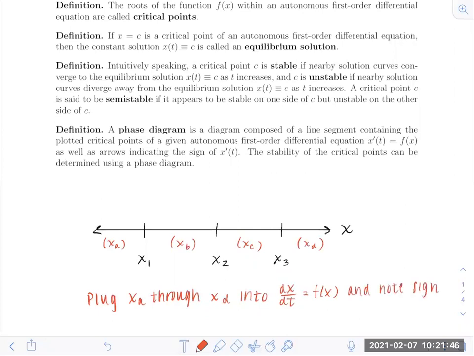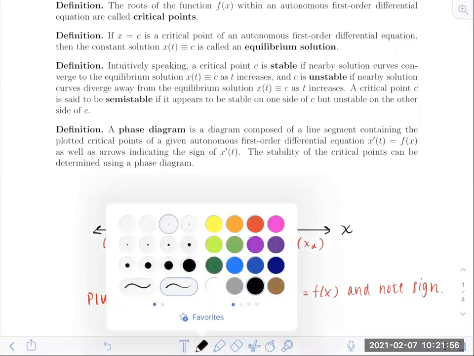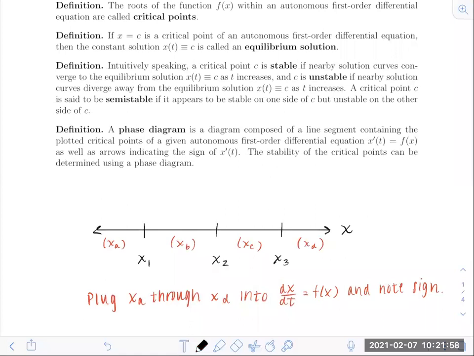Is it positive or is it negative? It's certainly not going to be 0, because we found those zeros, and those are x1 and x2. I'm just going to make up values. Let's suppose that f of x is positive, then it's negative, then it stays negative, and then it's positive. I'm making up these values because we don't actually have a problem here.